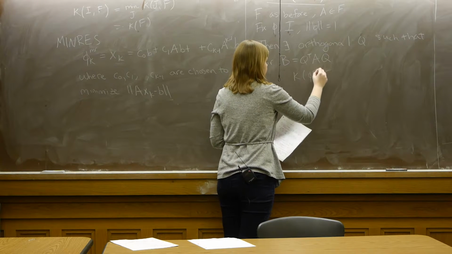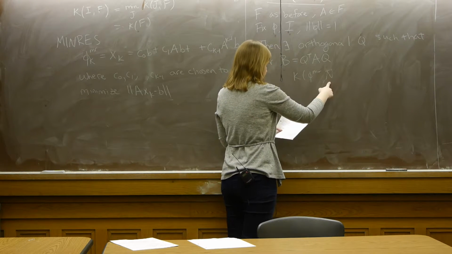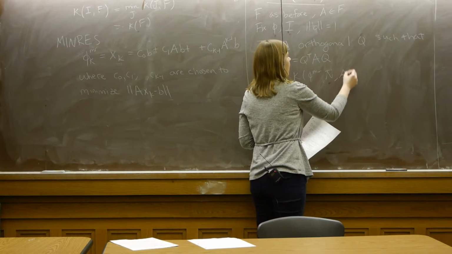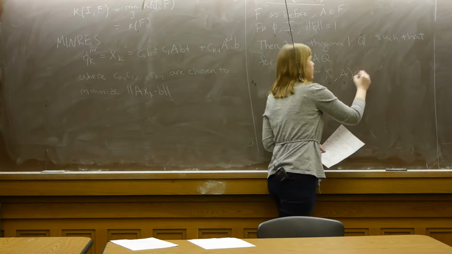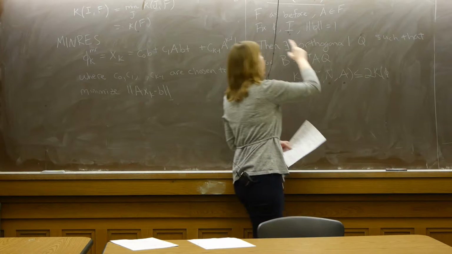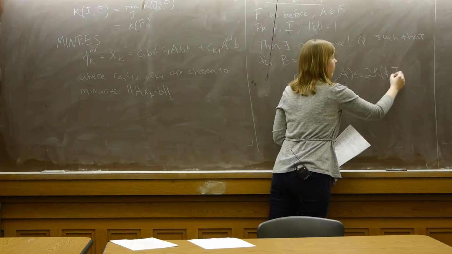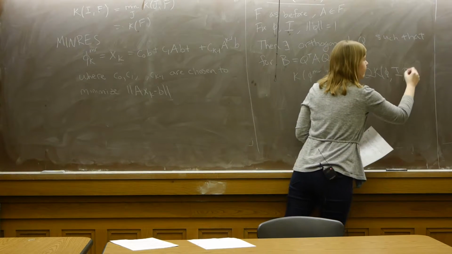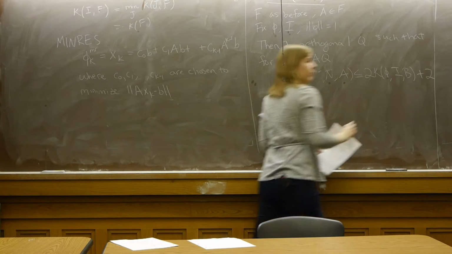So the matrix index for MinRes with the Krylov information, because that's what MinRes uses, on the matrix A is less than or equal to 2 times the matrix index for our algorithm phi with information I on this new matrix B, plus 2.